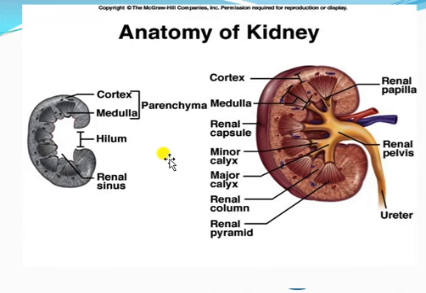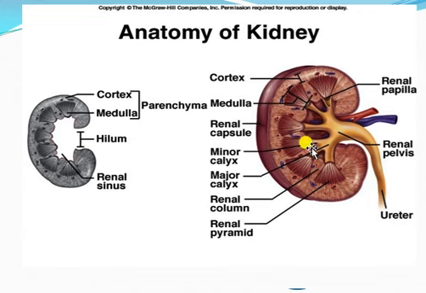We can understand it from other images. Up to here is the renal cortex. In the medulla we have the renal papillae, a small knob-like structure collectively called papillae. The outer layer is the renal capsule.